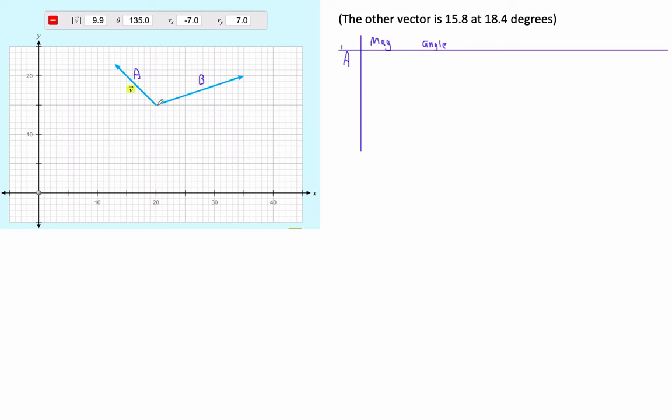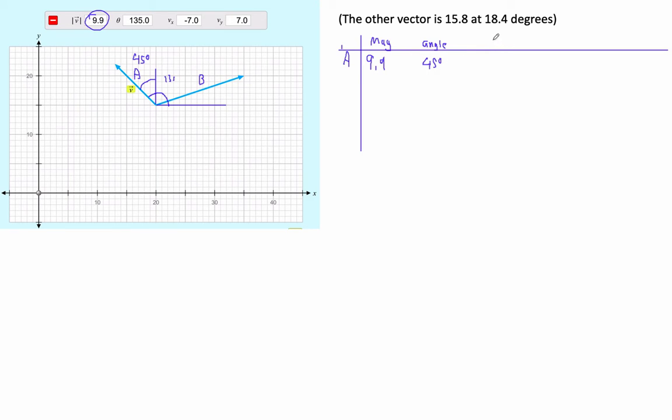Now, what they're telling me is that this angle right here is 135, which means that, of course, this angle right here is 45 degrees. Okay, so the magnitude of A is the thing that's in the table right there. So that's 9.9, whatever these units are, right? And then the angle is 45 degrees to the left of the x-axis, right?